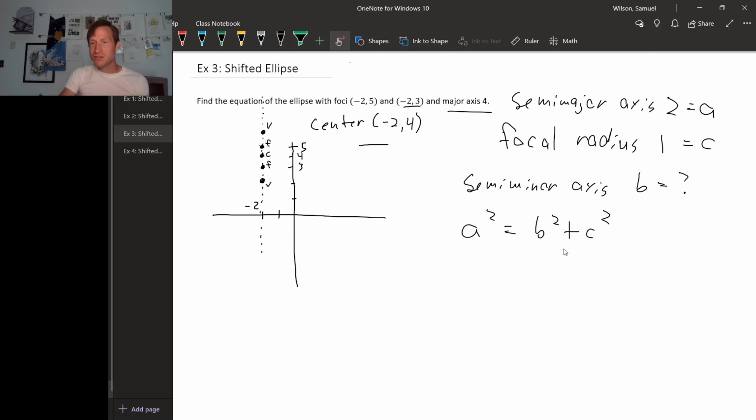And we know 2 of these, so we can find the third. So a squared is 4 equals b squared plus c squared, which is 1. That means b squared is 3, and b is the square root of 3, which is about 1.7. So from the center, we need to go right 1.7 and left 1.7.